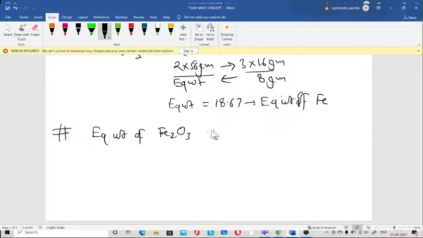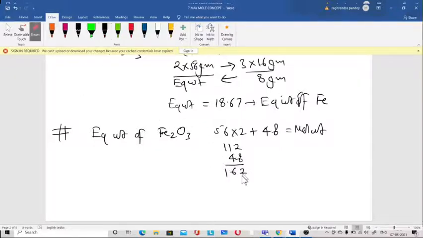It will be 56 into 2 plus 16 into 3, which is 48. That is your molecular weight. 2 sixes are 12, so that is 112 plus 48, which is 160. That is your total weight.